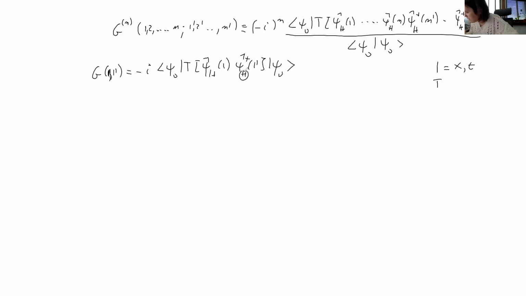What is this H here? This H simply means that we are working in the Heisenberg picture. So these field operators, you see, have also the time inside. So for example, something like this means that we have this expression, and similarly for the psi dagger. Okay, so this is the one-body Green's function.